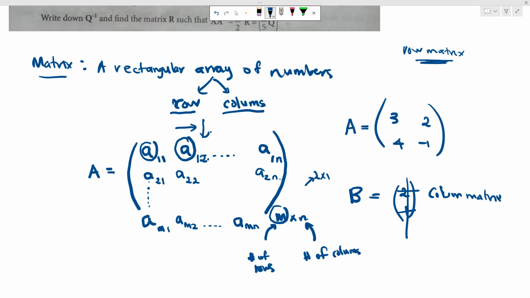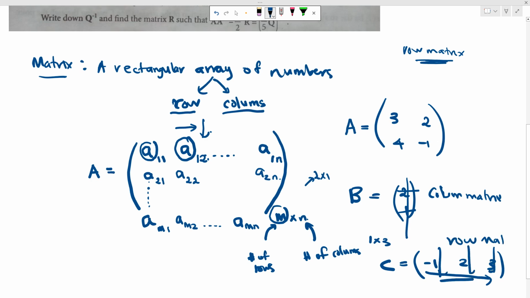Now let's say C is a matrix whose dimension is 1 by 3. So this is a row matrix. Let's say minus 1, 2, 3 are the entries of this matrix C. Then it has only one row but 3 columns, so this is a row matrix.